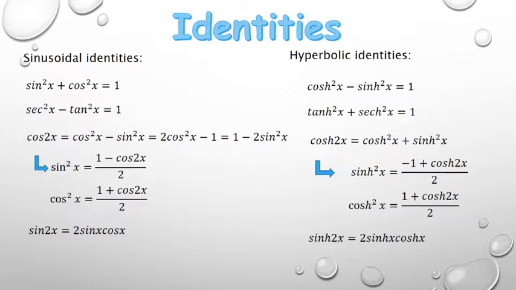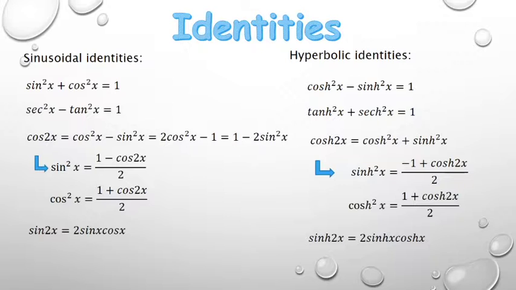For hyperbolic identities, we need to remember that cosine hyperbolic square of x minus sine hyperbolic square of x equals 1, and tangent hyperbolic square of x plus secant hyperbolic square of x equals 1. And cosine hyperbolic of 2x equals cosine hyperbolic square of x plus sine hyperbolic square of x.